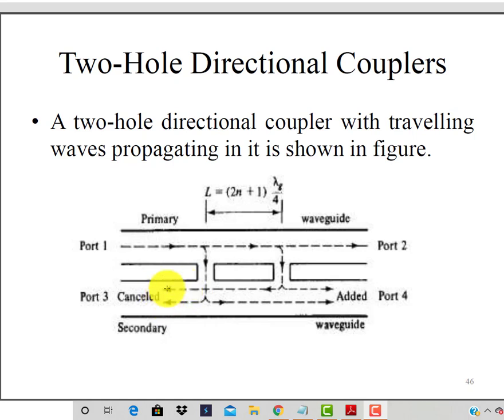That means the phase difference between the two signals coming from hole 1 and hole 2 is 180 degrees. That's why cancellation is observed at port 3, and finally the output at port 3 is 0.